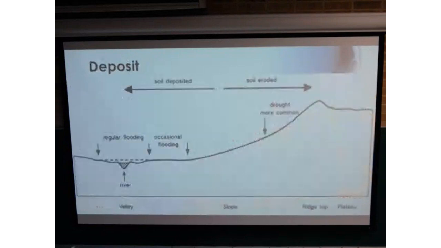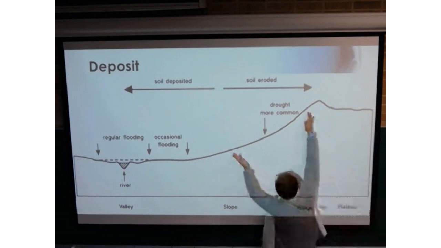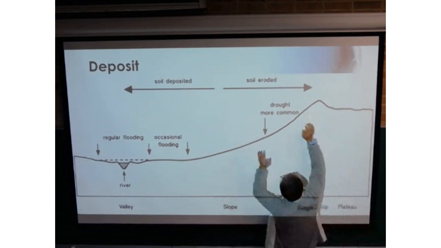Great. So here is the figure to show you how they move broken pieces of sediment and accumulate them, depending on the slope. If you see, here is a steep slope.